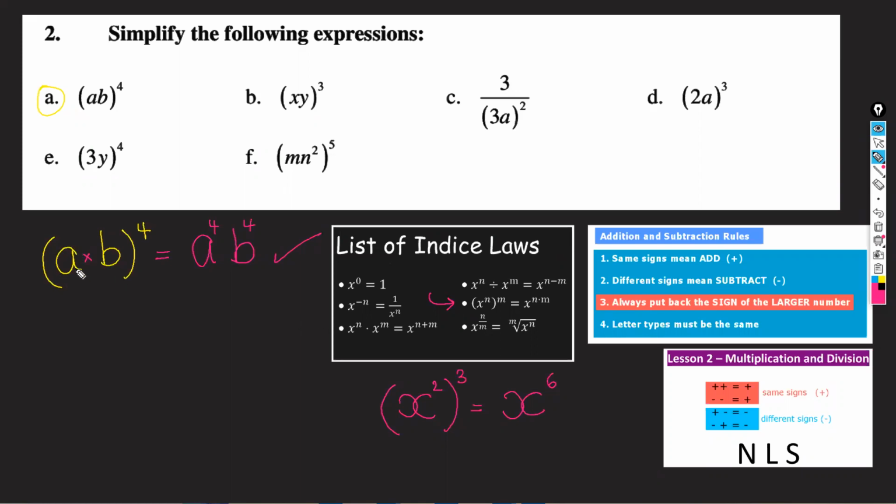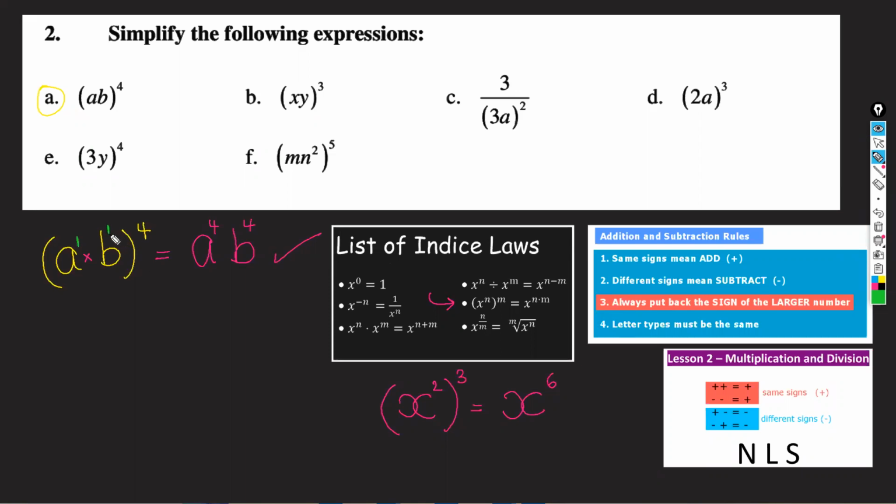If I have A, you see how this X here has a power? Does this A have a power? Looking at it, did the examiner put a power directly over the A or over the B? Did he directly write it in? No. Whenever something does not have a power, you have to assume the power is always 1.